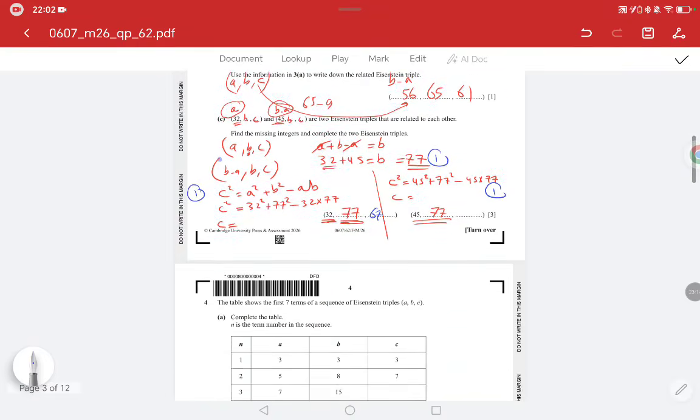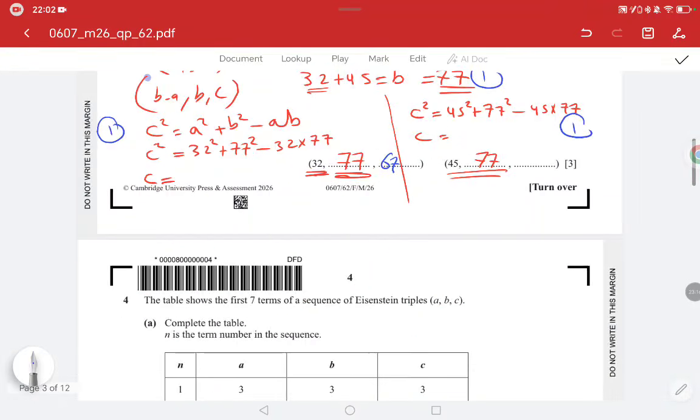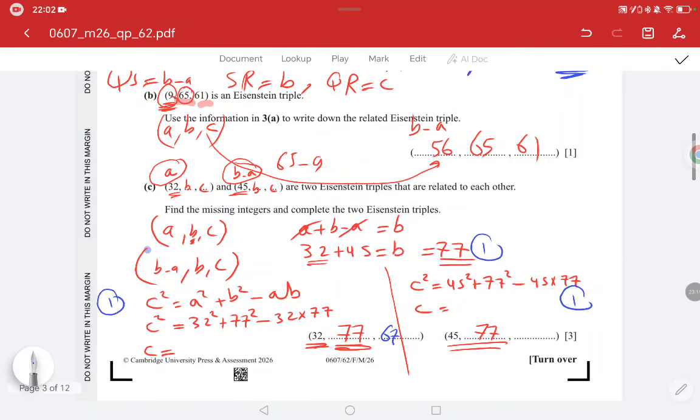So you will notice your answers are integers. Read the question very well, because if you expect integers and you take the square root of this answer and it's not an integer, it means there is a problem. So you have to double check your calculations or your steps.